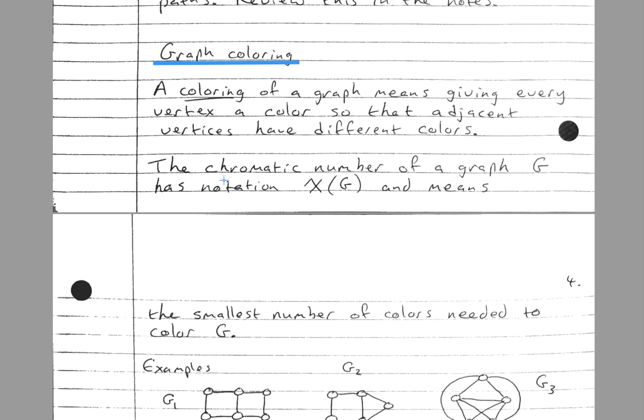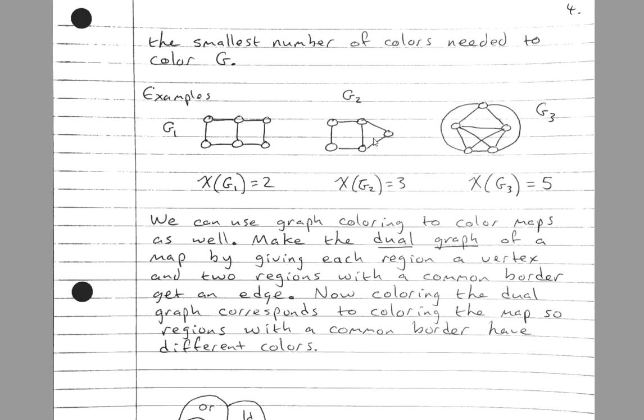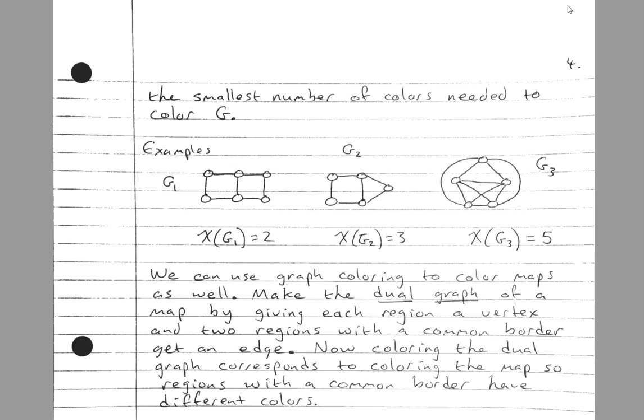Okay, so that's two definitions, coloring and chromatic number. The main thing to remember is that if two vertices are connected by an edge, they have to have different colors. So how about these examples?